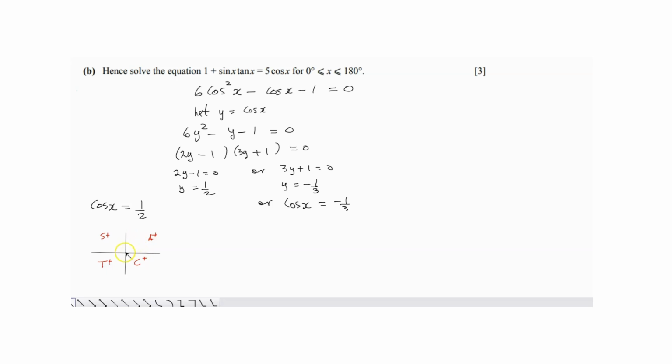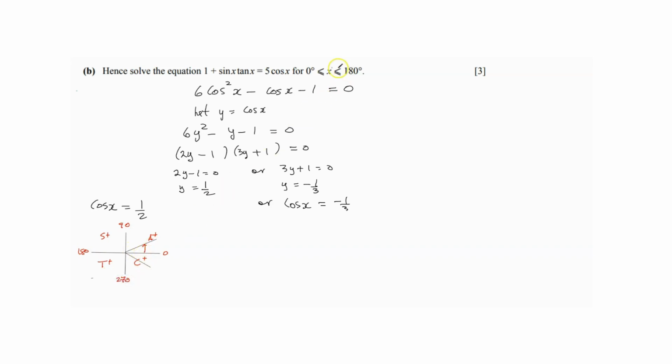So since cosine is positive, we need to draw an acute angle relative to the horizontal axis, and also an acute angle here, so we can mark the possible values of x. Here, this would be a possible value of x, and we can label this as 0, 90, 180, 270.